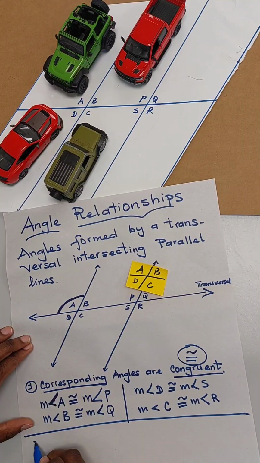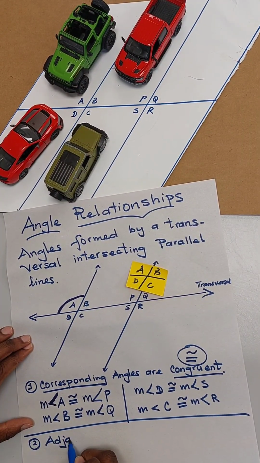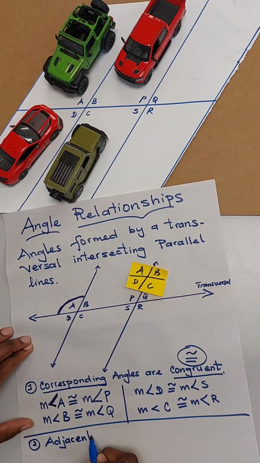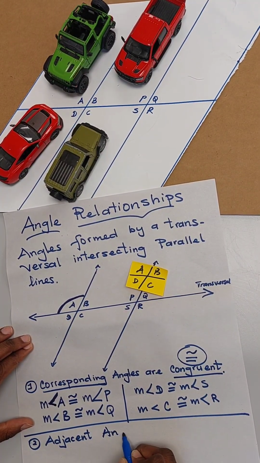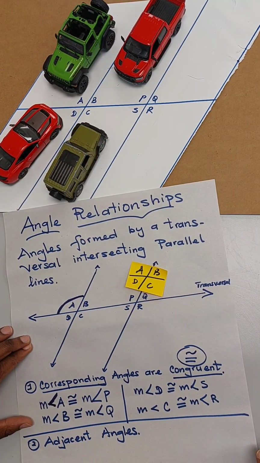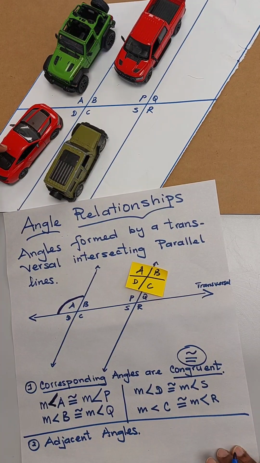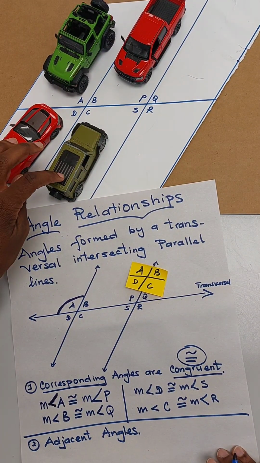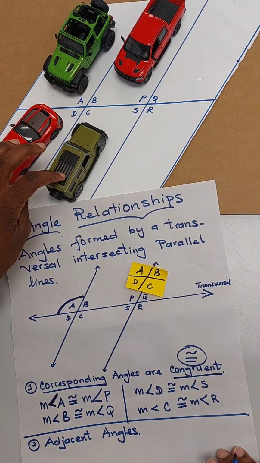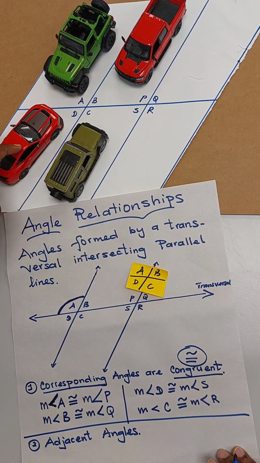Now let's talk about adjacent angles. Going back to the parking lot, we can see that the Ford Mustang is adjacent to the Jeep Wrangler because they are side by side each other.